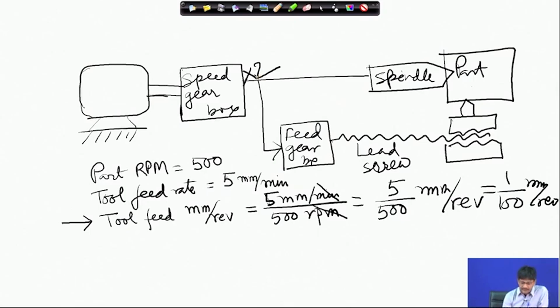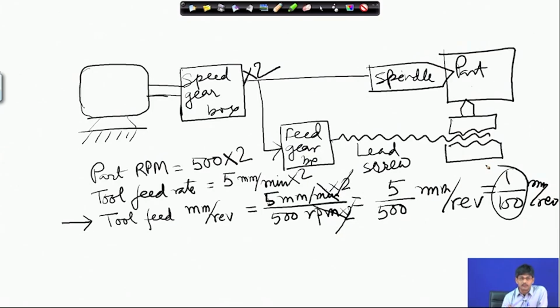Therefore, in this expression, this gets multiplied by 2. Naturally, the tool also becomes faster because it is downstream. This gets multiplied by 2, and therefore, in the denominator and numerator here, they get multiplied by 2. And therefore, this cancels out, and this remains 1 by 100 millimeters per revolution.